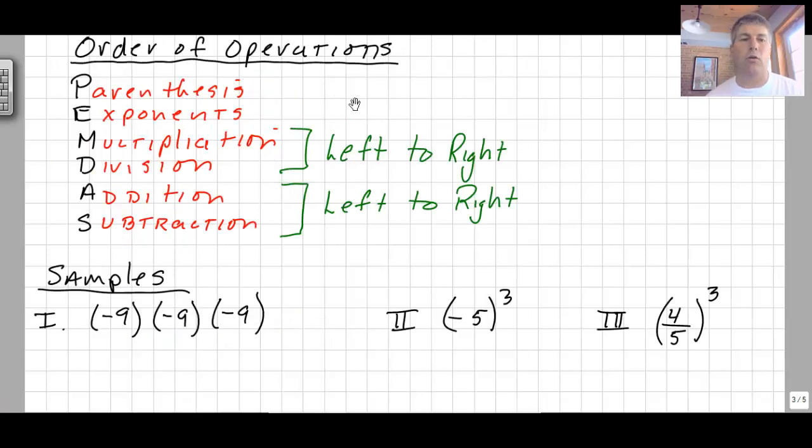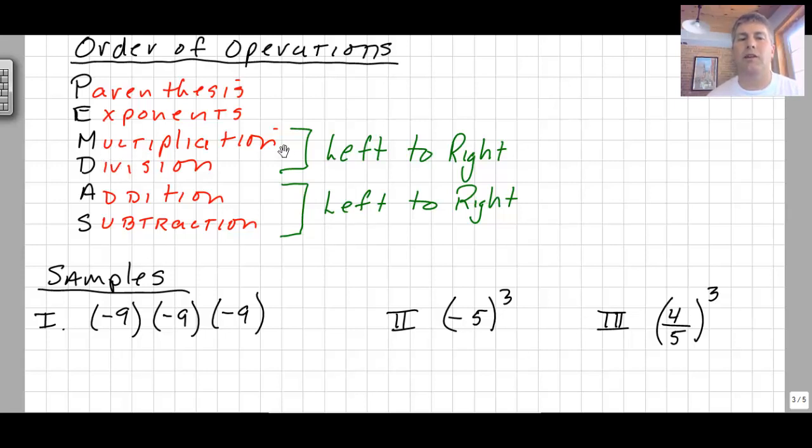And finally, your order of operations. PEMDAS, or as you know, please excuse my dear Aunt Sally. When we have a complicated problem, we do what's in parentheses first, then we move on to exponents. We do multiplication and division. Now the order in here doesn't matter because remember our definition of division is multiplying by the reciprocal.